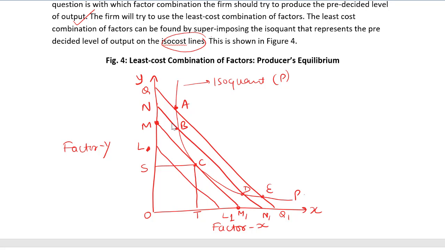We are clear that the tangency point of the given isoquant with the iso-cost line represents the least cost combination of factors for producing a given output. I hope you are clear till here.